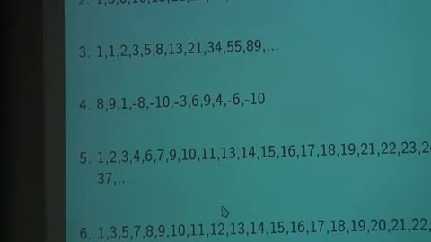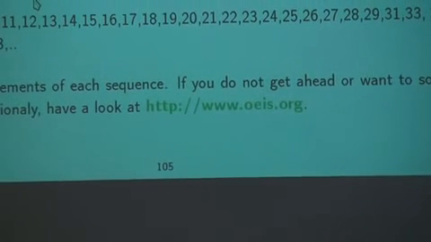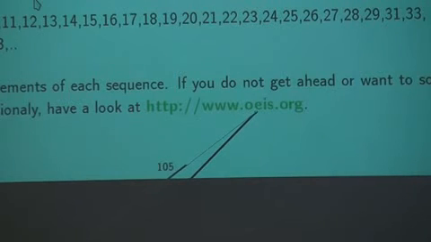Oh yeah, and look here. If you don't know the results for these exercises, just go to this website. This is the online encyclopedia of integer sequences.